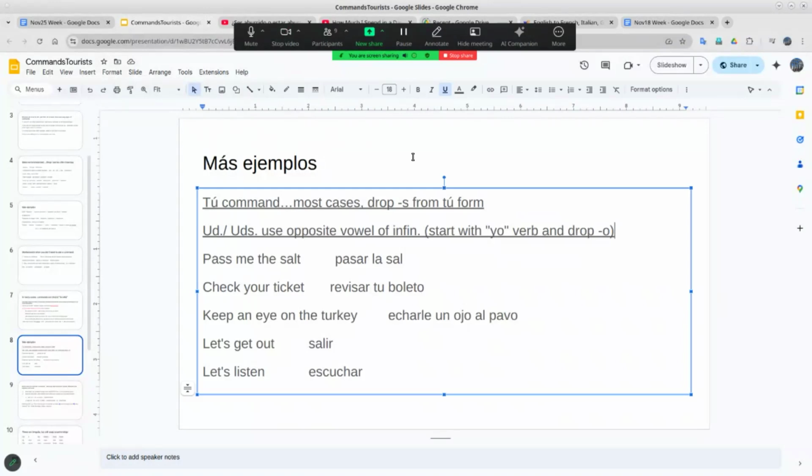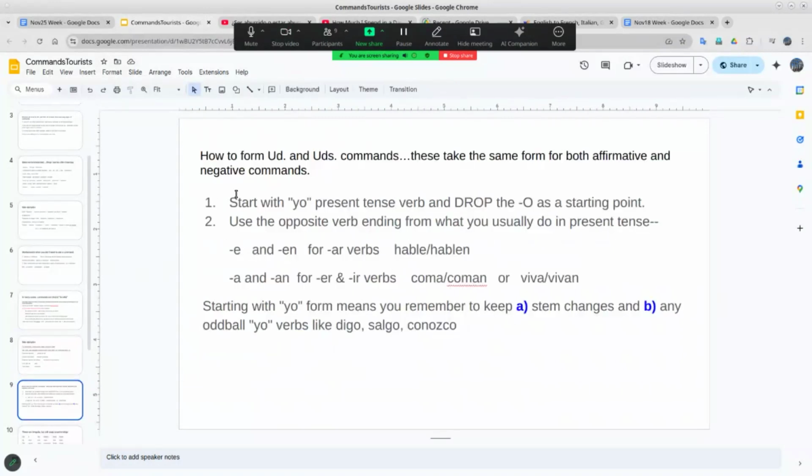Now, it's important to know that usually that means dropping the O at the end. So we're going to take a look at the more formal rule. We're going to take a look at usted and ustedes commands first, and then we're going to come back to that last slide. Usted and ustedes commands are very consistent.